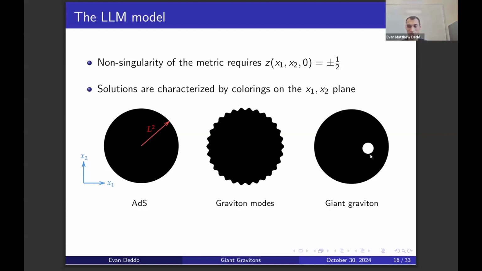So this is going beyond the probe approximation to this fully back-reacted case, and the probe approximation maybe could be considered as some limit of this, where we take this circle to be very small.